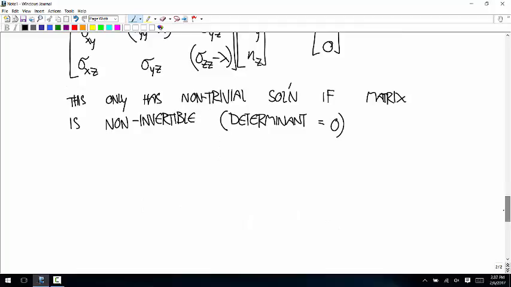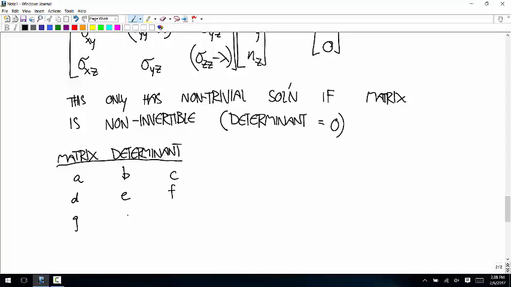So, determinant. Here's how you do a matrix determinant. So if you have a matrix A, B, C, D, E, F, G, H, I, and this is the symbol for a determinant.